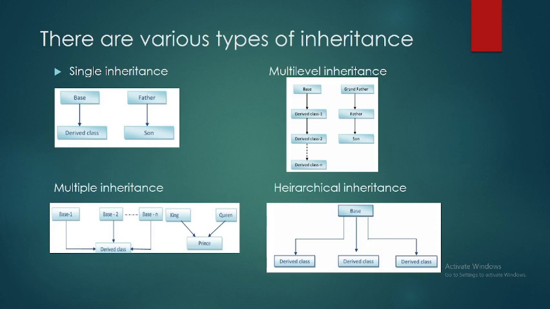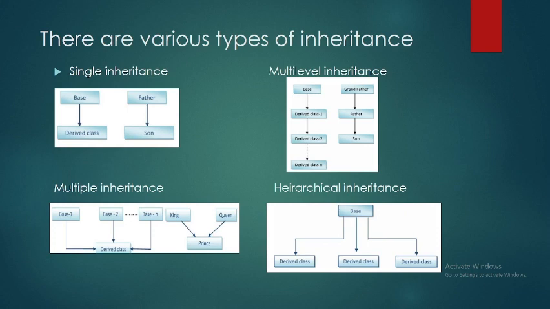Then the multi-level inheritance. Here, the child class of one parent class is the parent class of another child class. Basically, a class is a parent class and a child class to another class at the same time. For example, father is a child class to the grandfather class, but it is also the parent class of the son class. And then the hierarchical inheritance. Here, there is one parent class and multiple child classes.